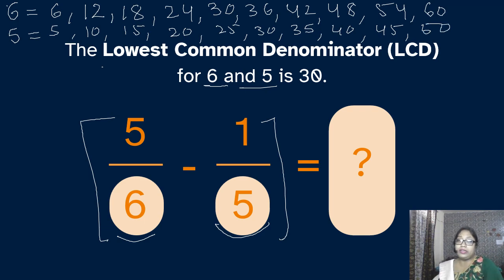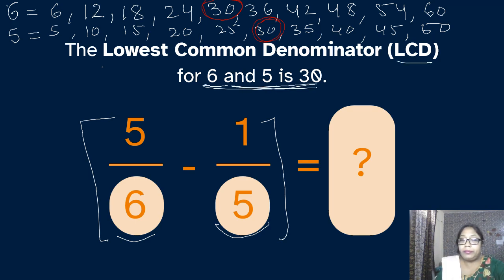Now we have to find the common number between these two tables. So our common number is 30. After 30, there is no other number which is common. So LCD for 6 and 5 is 30.